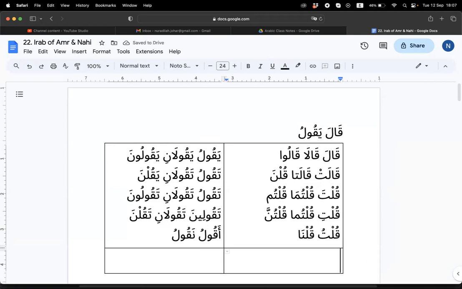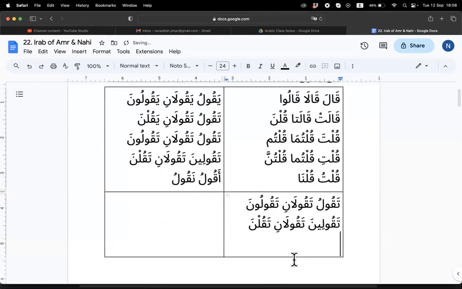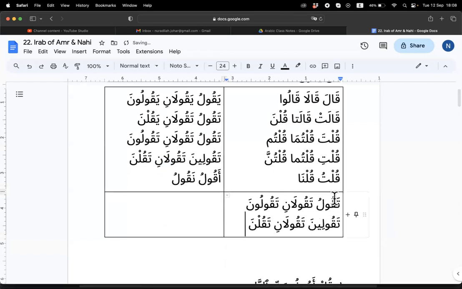Now, fi'il amr is from what? From madi or from mudhari? Mudhari. Third person, second person, first person? Second person. Okay, so this one, anta, antuma, all the way until antunna. Let's make it into amr. How do we do that? First make it majzum. How do you make it majzum? For dhamma, put sukun. Good. And then we have two sukun again.